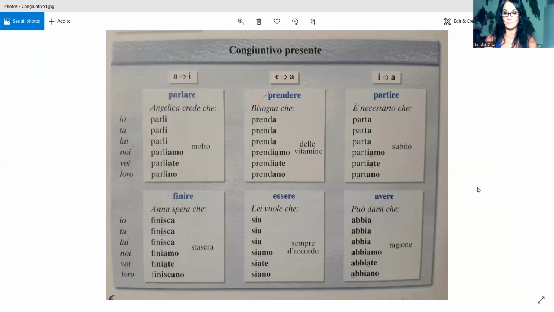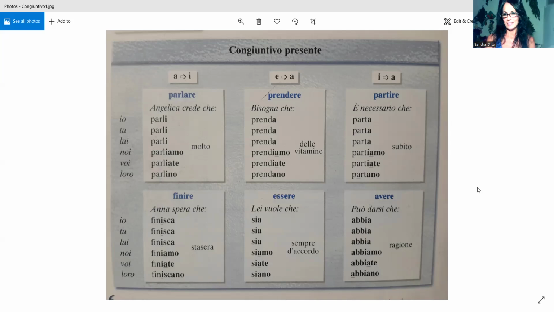So, first of all, subjunctive or congiuntivo. In fact, as I said, it's not technically a tense because there are different tenses: the present, the past, and the imperfect. So there is a conjugation, let's call it a conjugation of verbs, which are used in specific situations.